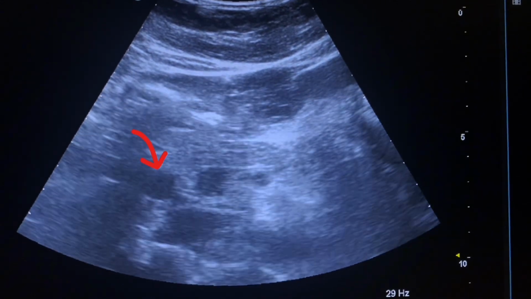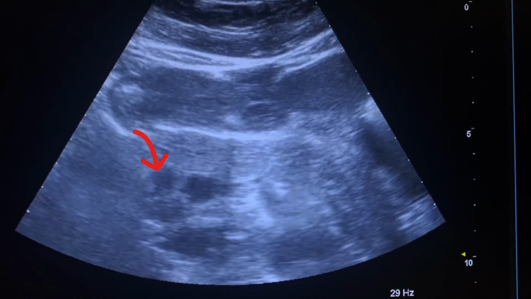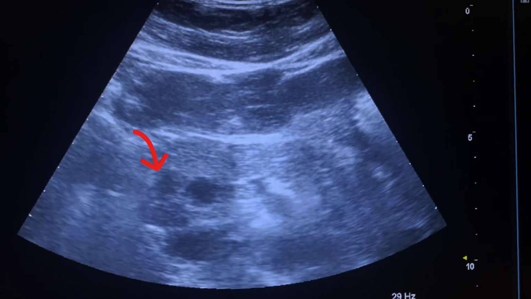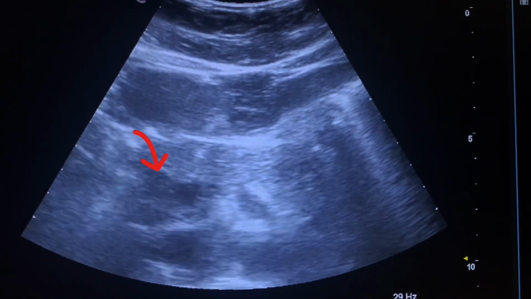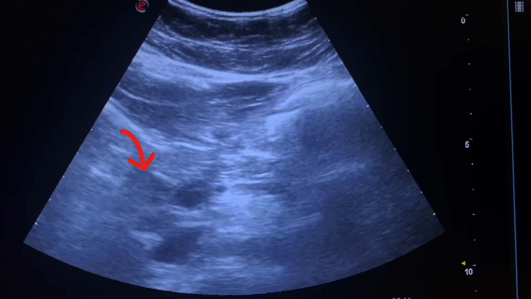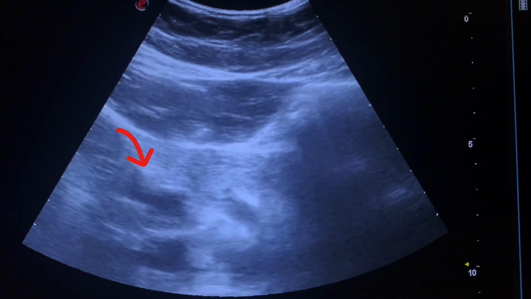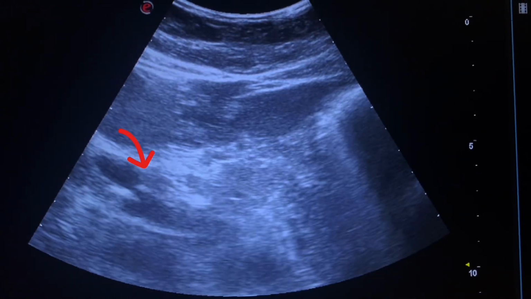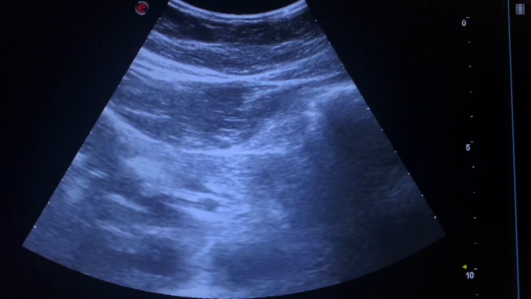But here at the uncinate process, we see a cyst. The pancreas is poorly visualized due to gases. We see that the pancreatic duct of the uncinate process is dilated.